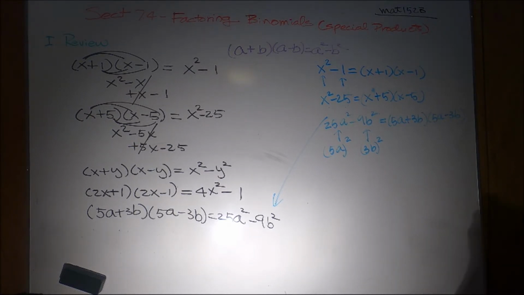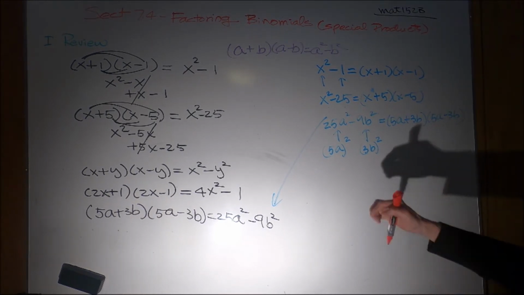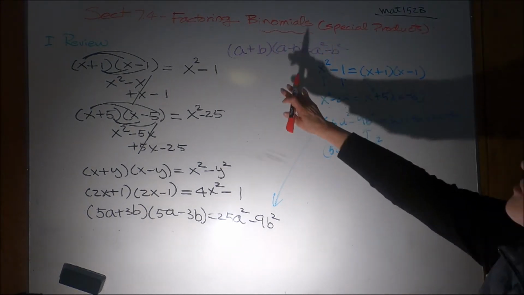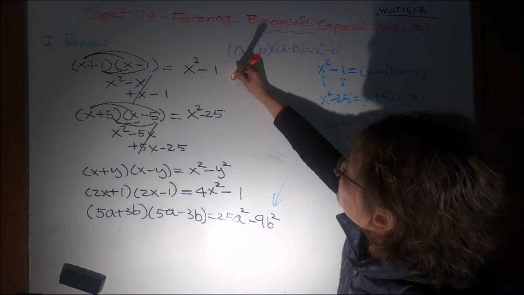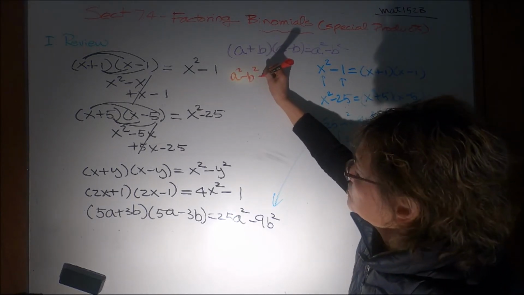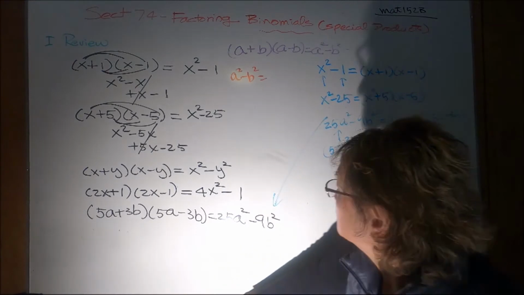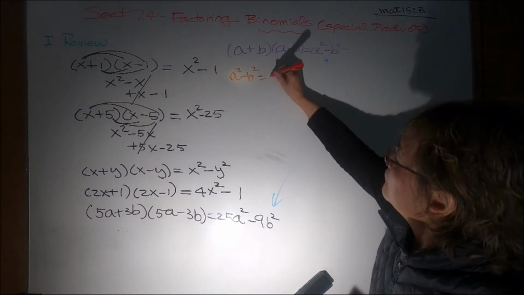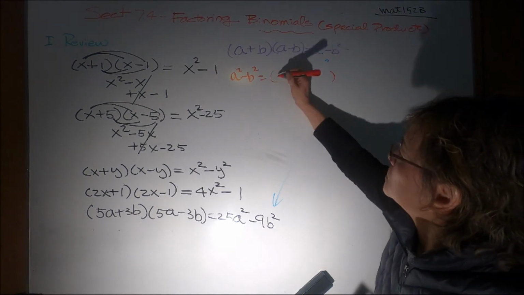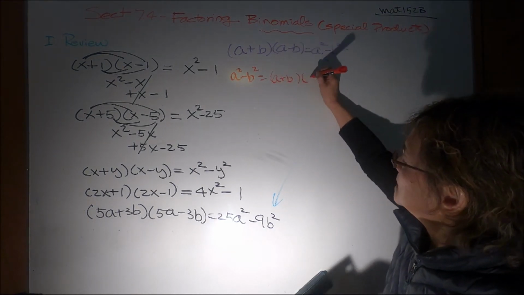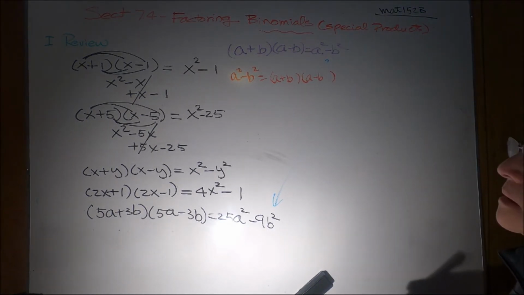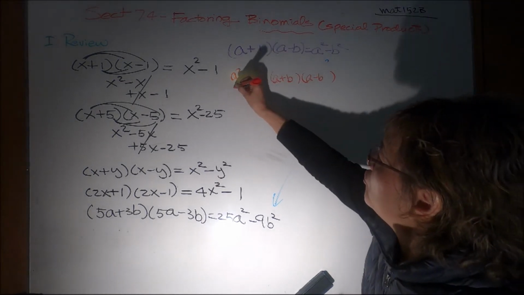So what we are talking about is when we try to break down a binomial instead of multiplying, if I have a squared minus b squared, if I break it down, it should be a plus b and a minus b, right? That will be your formula.